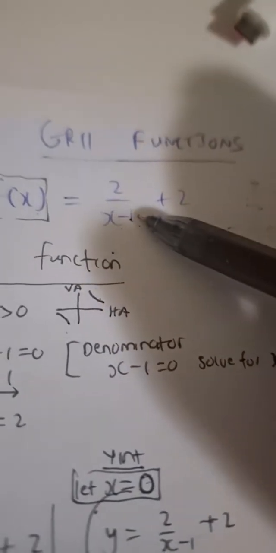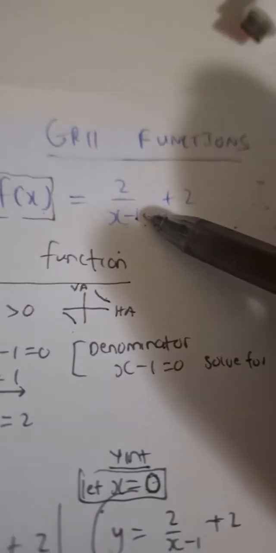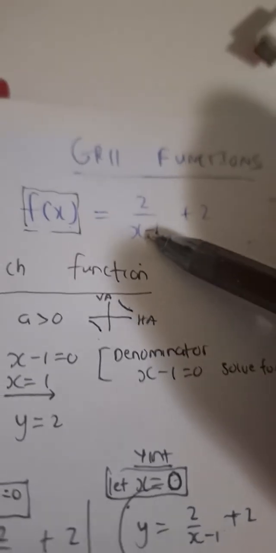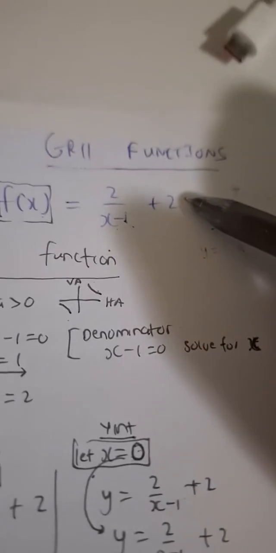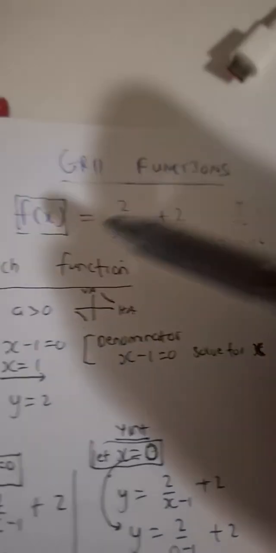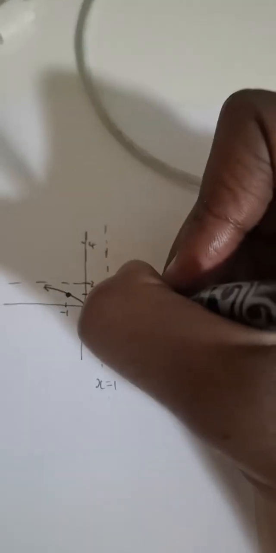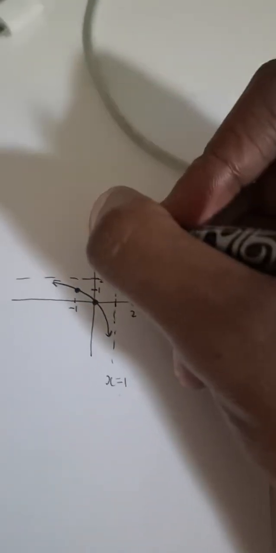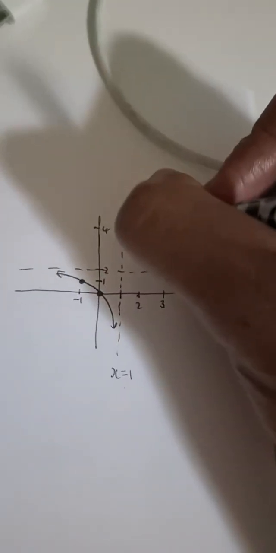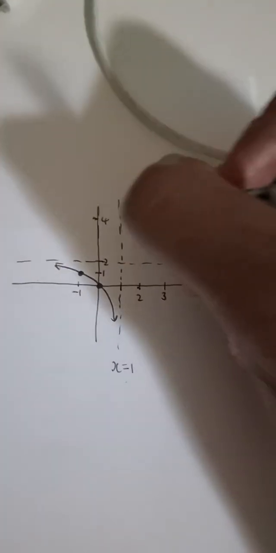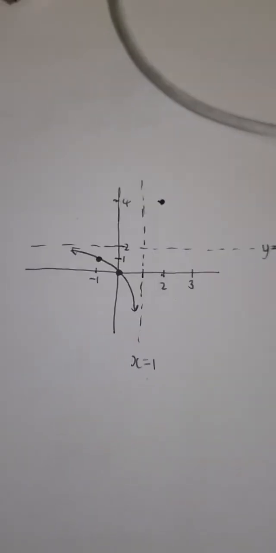It gives you 2 minus 1, which is 1. 2 divided by 1 is 2, and then that 2 plus this 2 gives you 4. So when x is 2, y gives you 4. That's where these two meet. So that's that point.